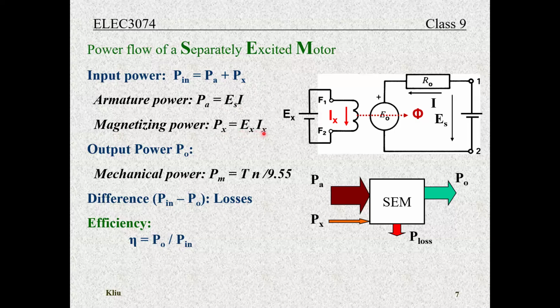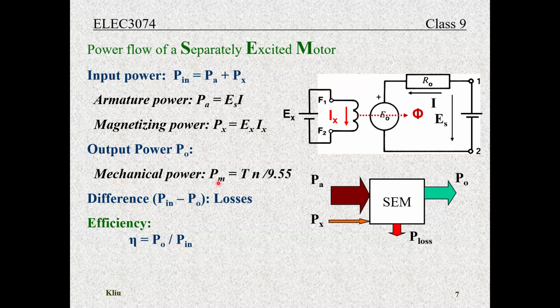Of course, just by looking at the formula, you can probably tell that we are dealing with RMS type of quantities here, current and voltage. And mechanical power is the output, because this is a motor, so we are supplying the electrical power and getting mechanical power out of that machine.